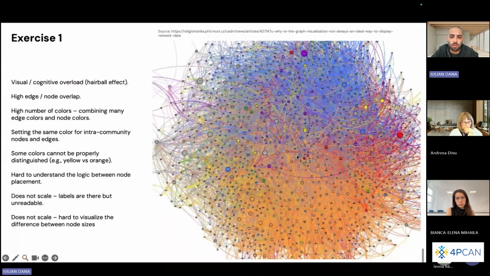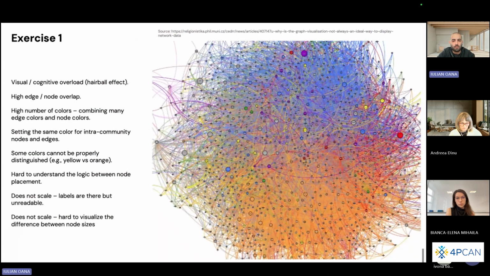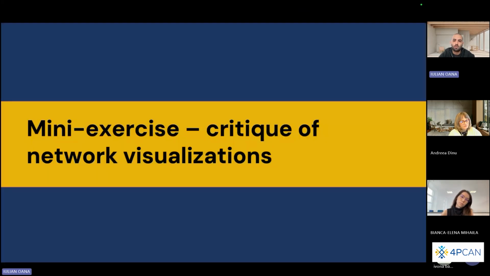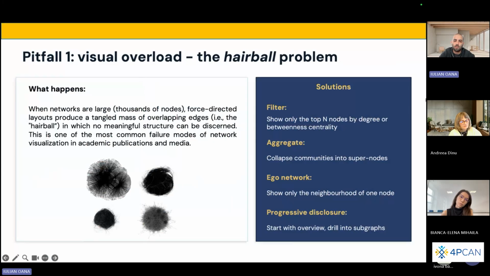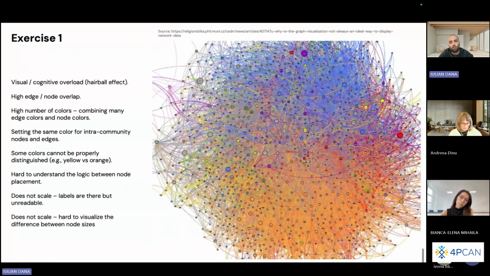So these contain some examples of bad practices that you can do when you do a visualization of large networks. And you should go to other solutions like filter, aggregate, but not presenting it like this.